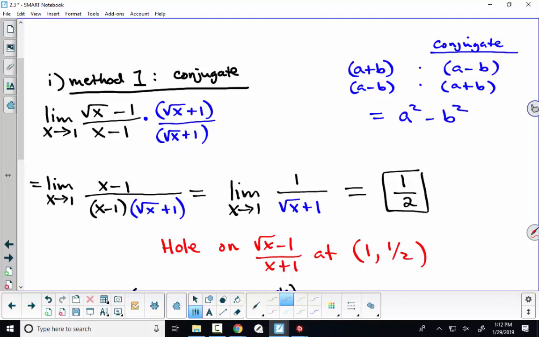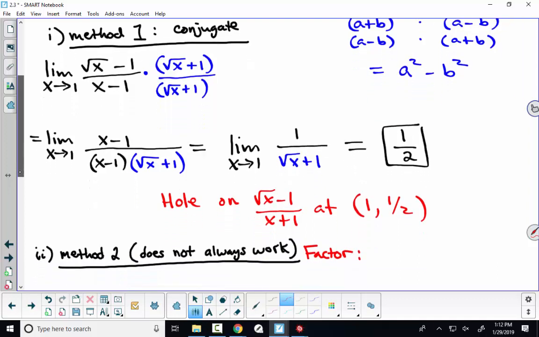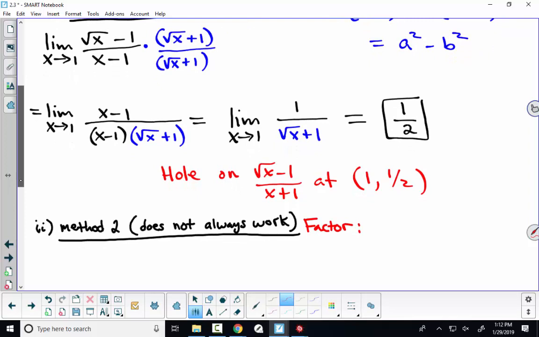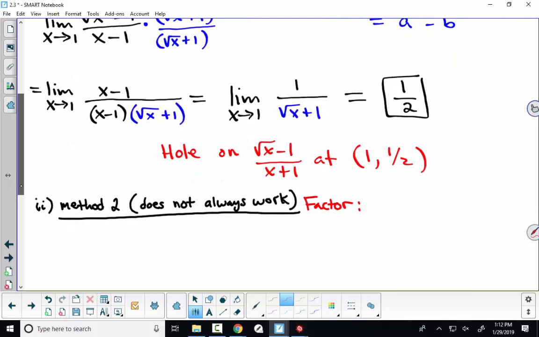And we'll look at another example where we have to use the conjugate. So you don't always have to use the conjugate. Think of it as the most general approach to limits involving radicals that you can't initially evaluate. Everybody good on that? That's supposed to be x minus 1 and 2.